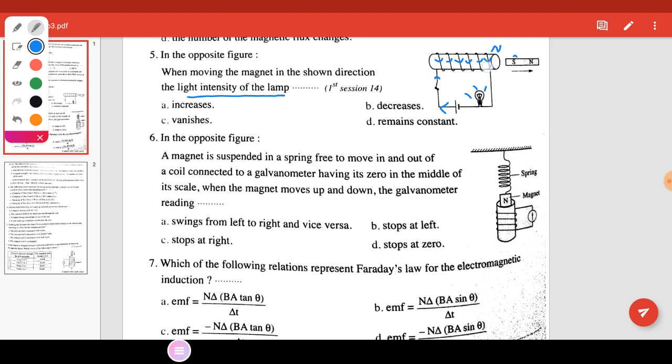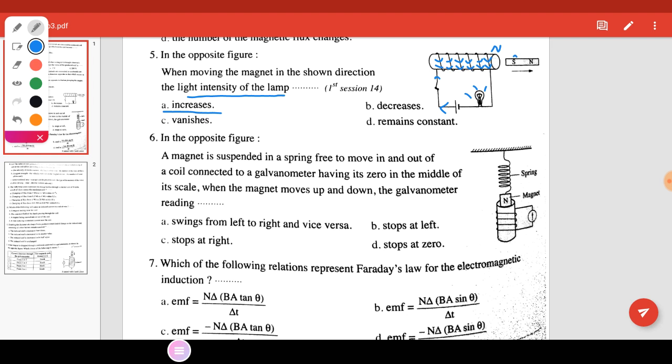This means that the induced current is in this direction. The current intensity increases, the lamp flashes more. The light intensity of the lamp increases.